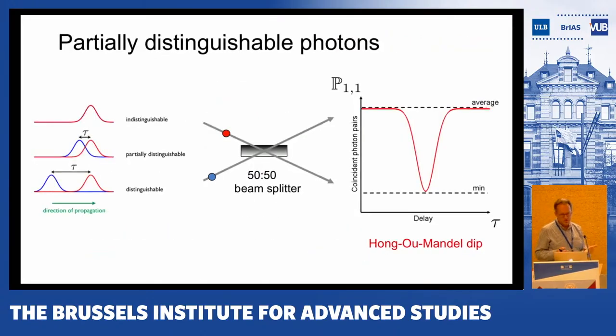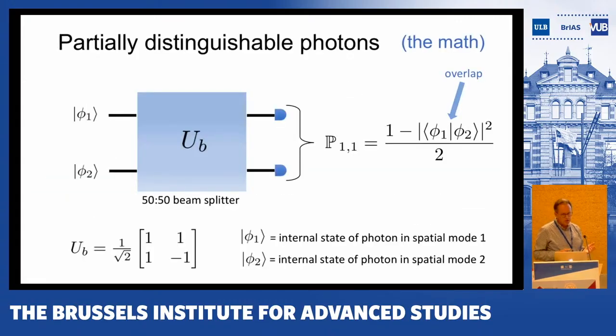And as you also know very well, if you go to the interesting regime in between, so if we consider photons that are partially distinguishable, like for instance, we could play with the time, so we could make them slightly non-overlapping in terms of time, then you will observe the Hong-Ou-Mandel dip. So all of this is well known, and the math behind this is also very, very simple.